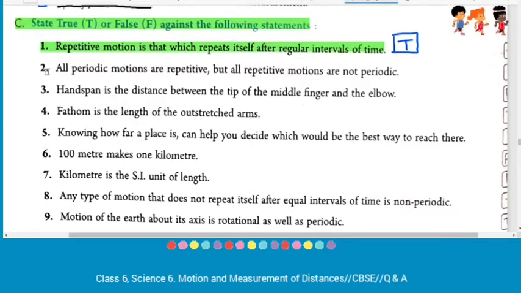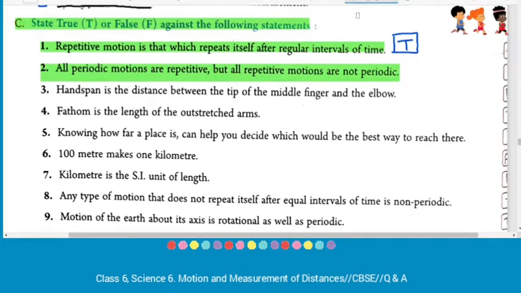Second one, all periodic motions are repetitive, but all repetitive motions are not periodic. This statement is also true. Third one, handspan is the distance between the tip of the middle finger and the elbow. False.